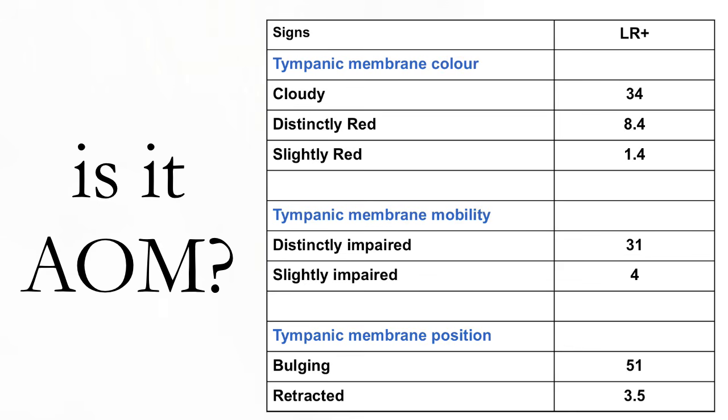A bulging tympanic membrane had a positive likelihood ratio of 51. Distinctly impaired mobility of the tympanic membrane had a likelihood ratio of 31, and a cloudy tympanic membrane had a likelihood ratio of 34. Now, a red tympanic membrane will usually get a lot of attention when we're talking about middle ear infection, but as it turns out, even a distinctly red tympanic membrane only has a likelihood ratio of 8.4.